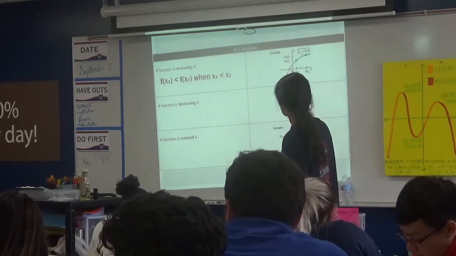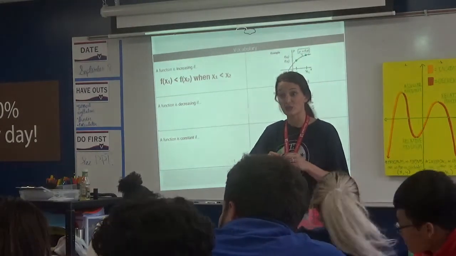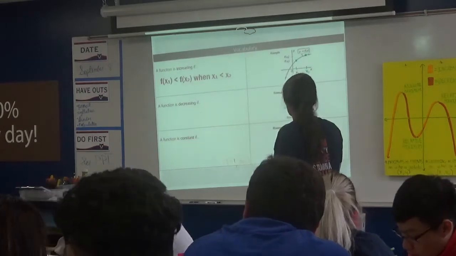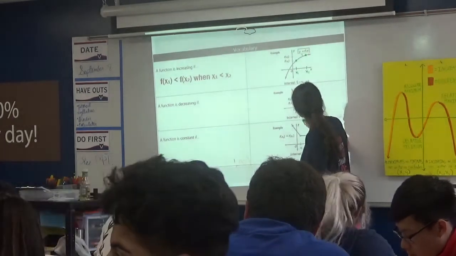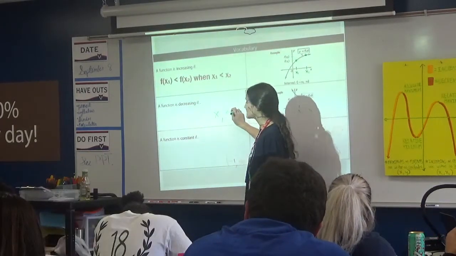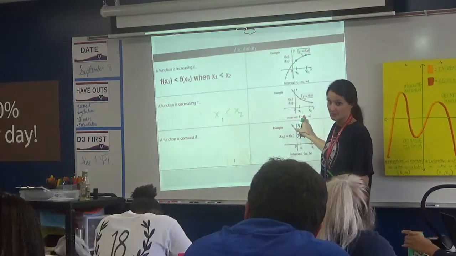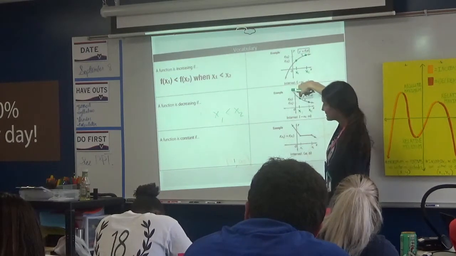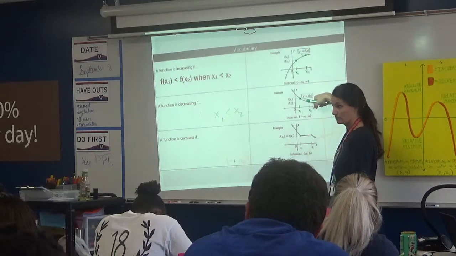Don't do it. Okay. A function is decreasing if, for x1 and x2, I'm going to write it this way, there's a couple ways you can say it, if x1 is still less than x2, then this time the opposite must be true, right? F of x1 has to be bigger than f of x2 if it's going down, right?